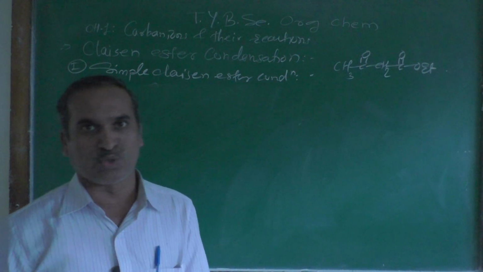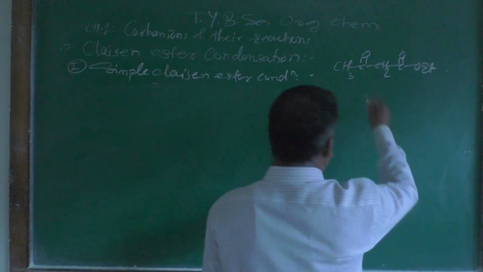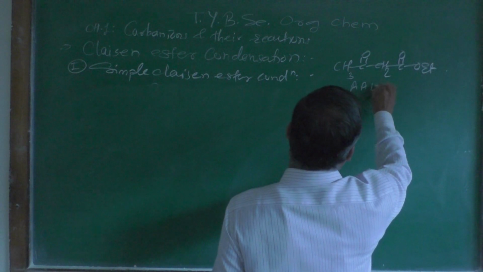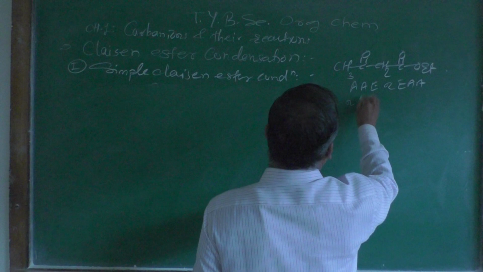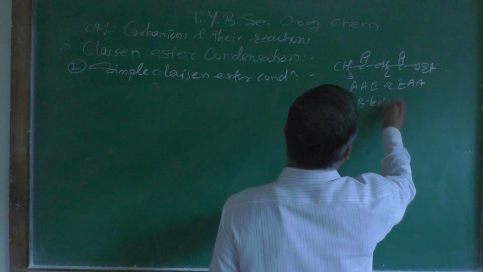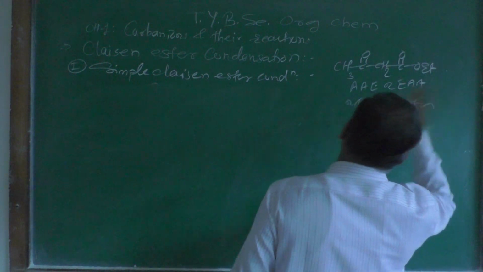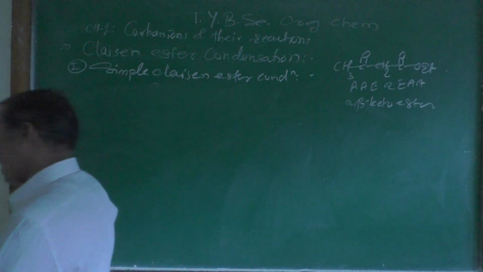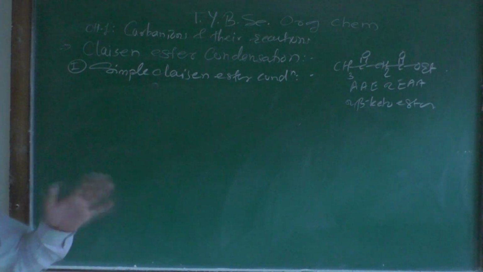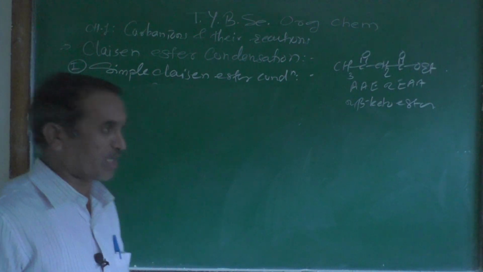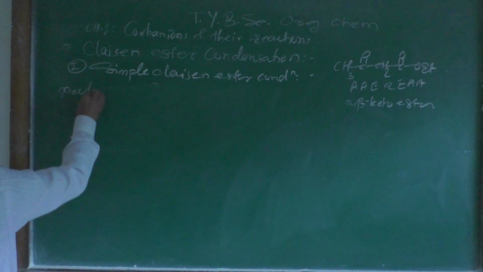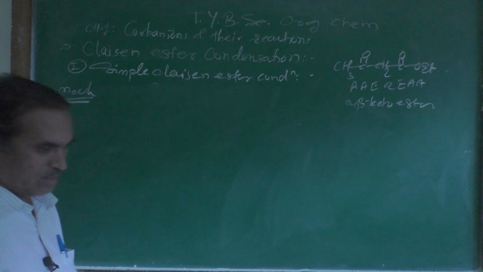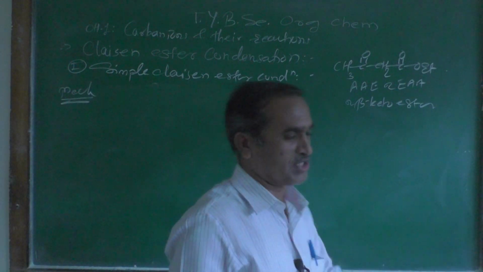This compound is known as a beta ketoester, or acetoacetic ester, or ethyl acetoacetate. Now we are talking about the mechanism of that beta ketoester. I think the mechanism involves three steps.